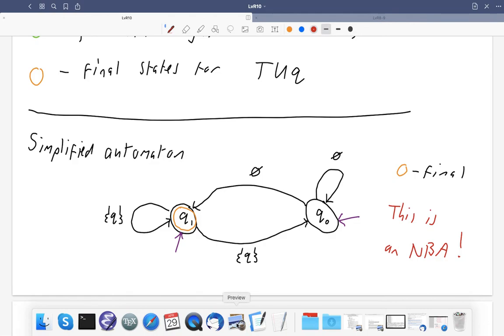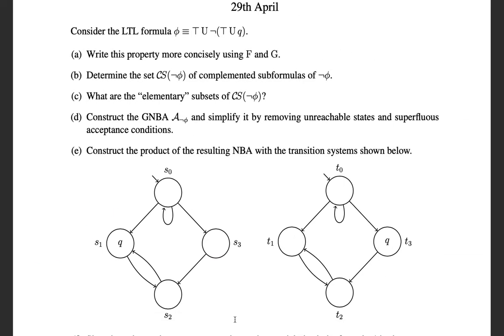So now we go to look at the question. And now we want to construct the product of the resulting non-deterministic Büchi automaton with the transition systems below.